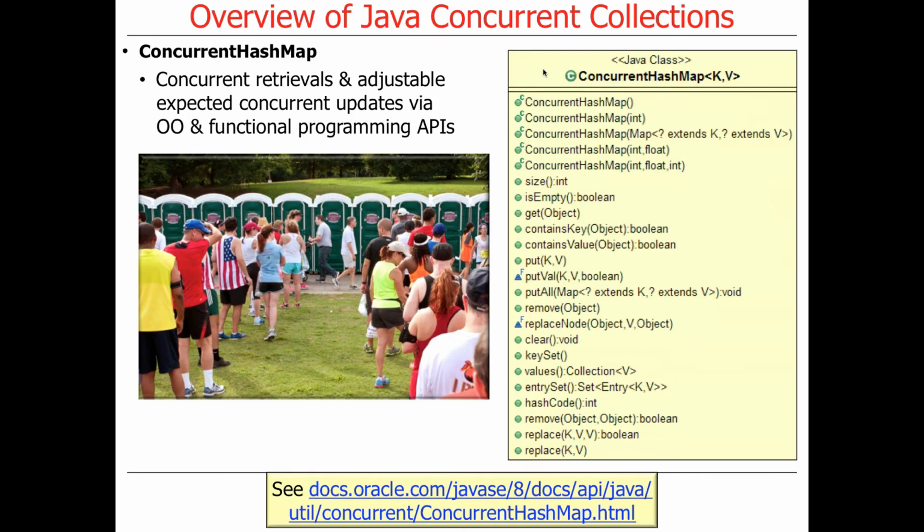Hash maps have object-oriented and functional programming features that are ridiculously powerful and somewhat obscure, but very cool. Here's the way I think about them. I don't know why I keep using restrooms as my metaphor for all this stuff, but they help get across the idea of exclusive access.